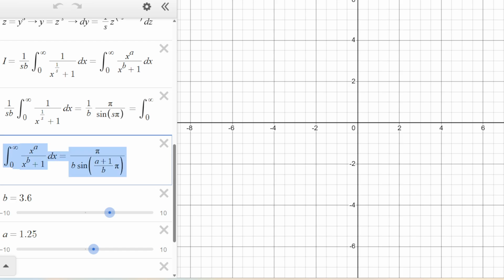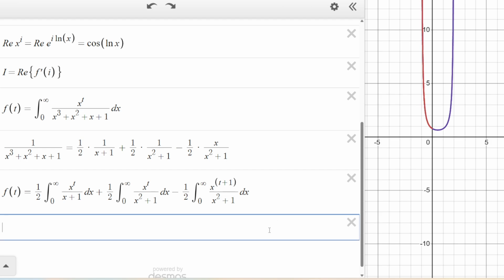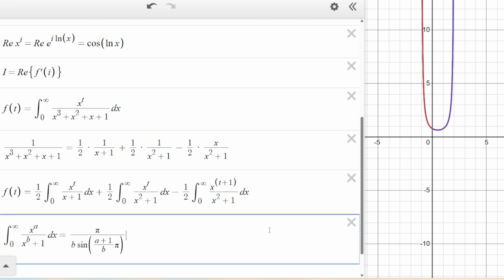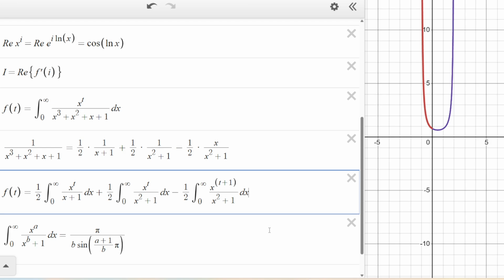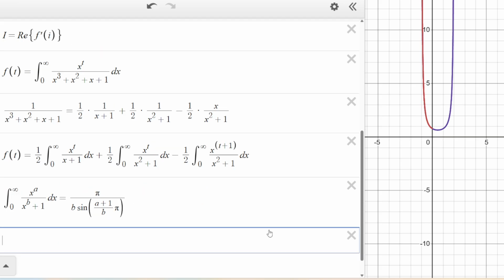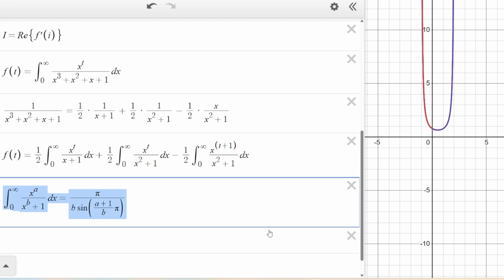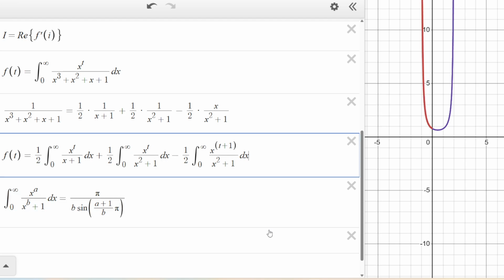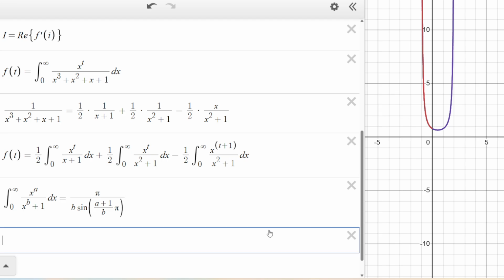So let's copy this over to our other graph and use this to rewrite our f of t, because every single one of these integrals right here is in this form. By the way, I will post a link in the description to my derivation of that formula. So let's rewrite our f of t.